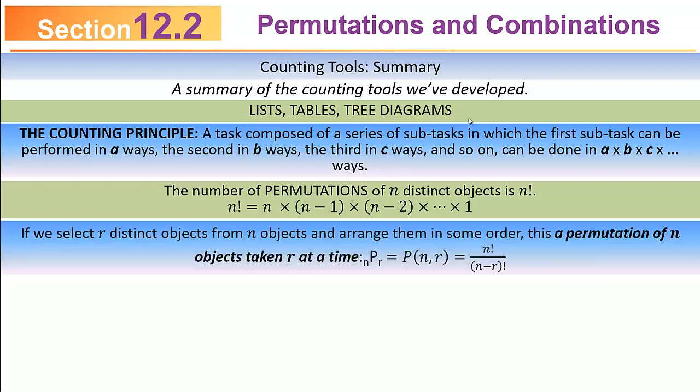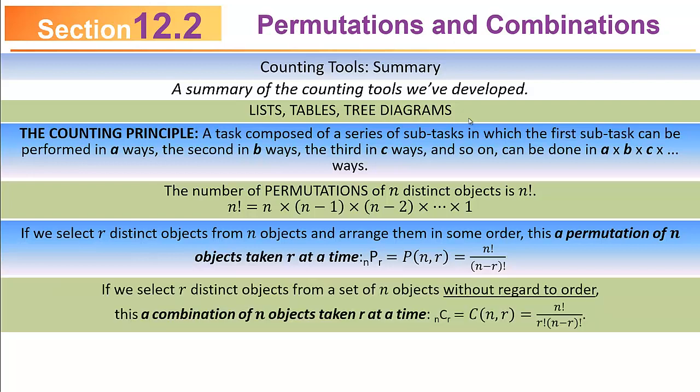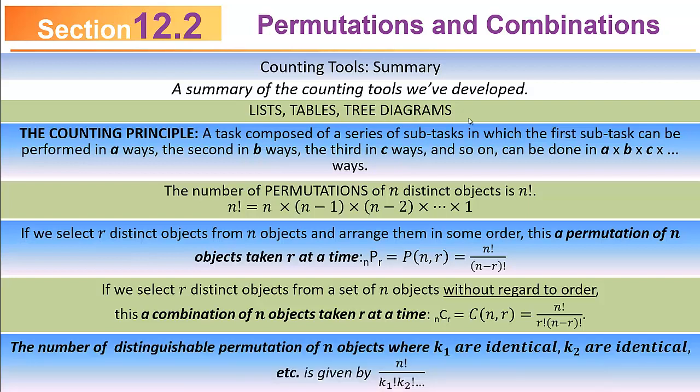Then you have the permutation where you have n objects, but you're only taking them r at a time. Then you move to the combinations where you're taking n objects r at a time, but order doesn't matter. And now we've thrown in this formula about distinguishable permutations of n objects where you have some identicals. And that's where we stand with our toolbox for doing these type problems.